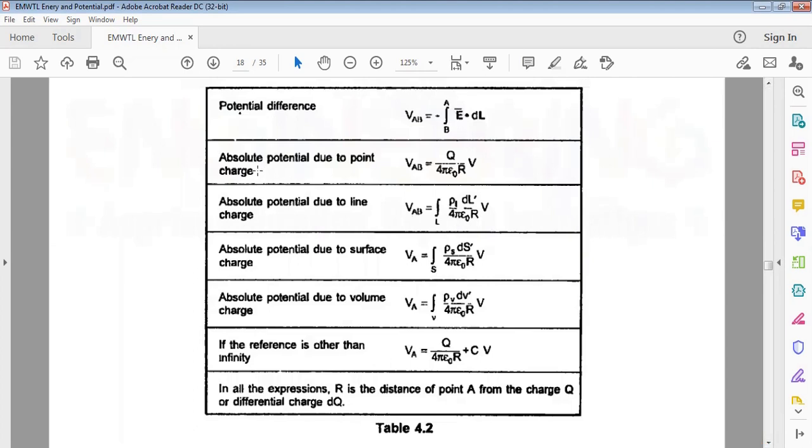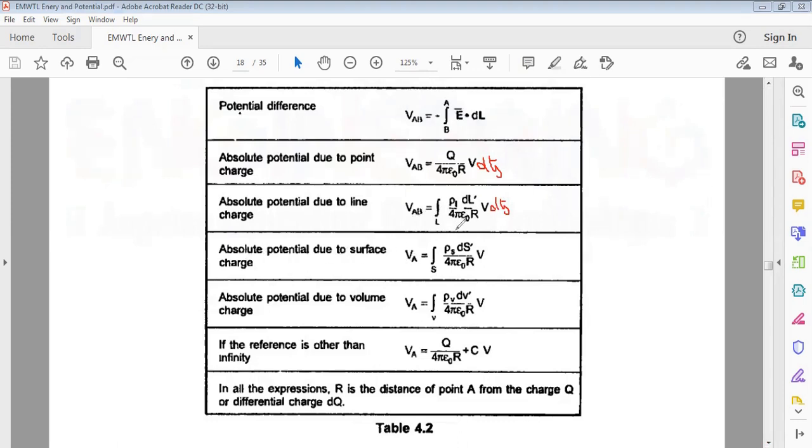The absolute potential due to a point charge is V equal to Q by 4 pi epsilon naught R, in volts, my dear students. The absolute potential due to a line charge, you can derive this expression: V is equal to the line integral of rho L dL by 4 pi epsilon naught R, in volts.